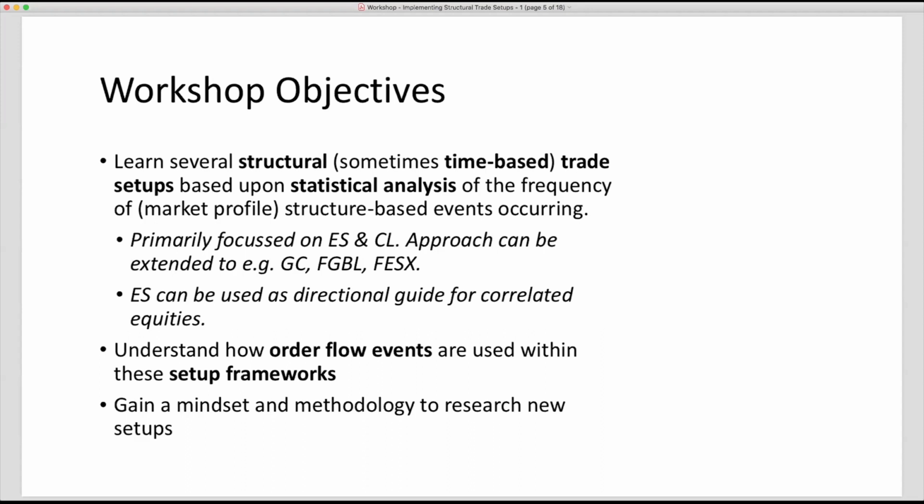And the beauty of making this structural based is it gives us price level boundaries to assess and qualify the opportunity. What I also like about working on market structure, especially when it's based around concepts of market profile, is it allows us to do things that are based on time of day.